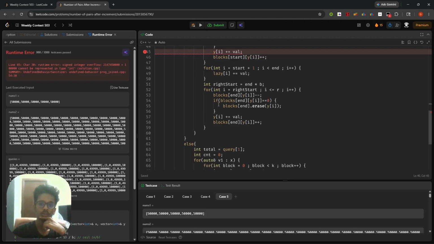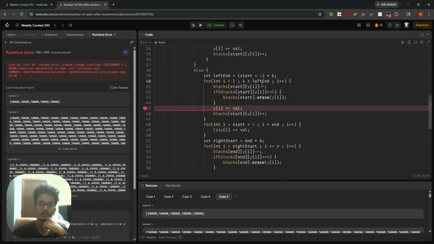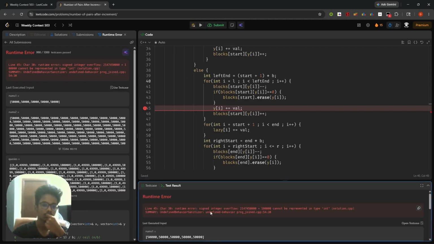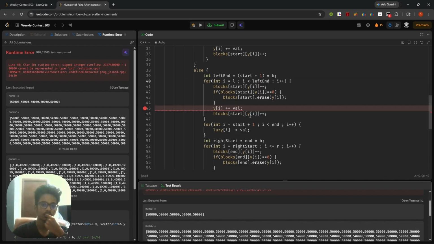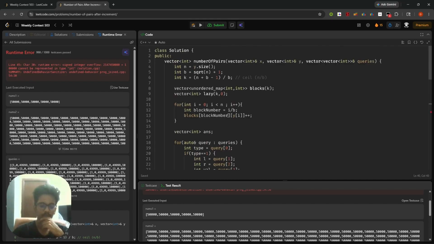Why would it give an integer overflow? First thing, what is y of i?